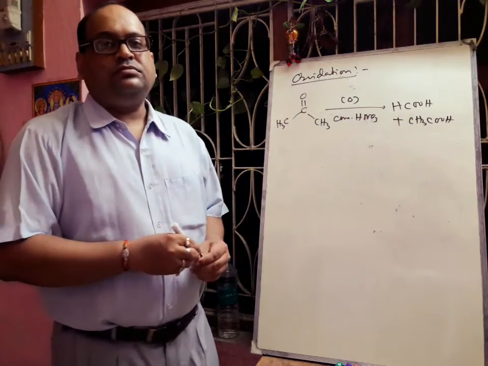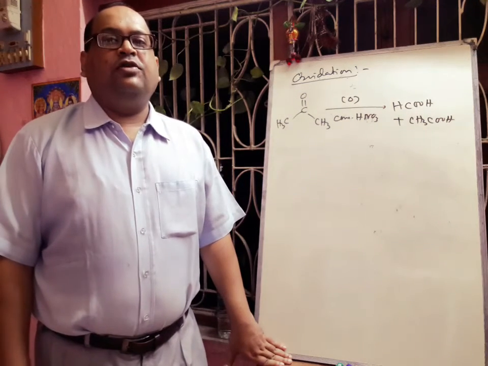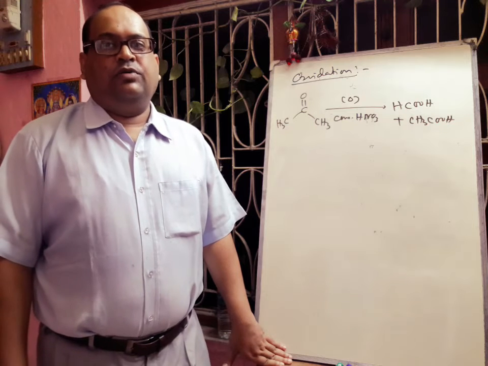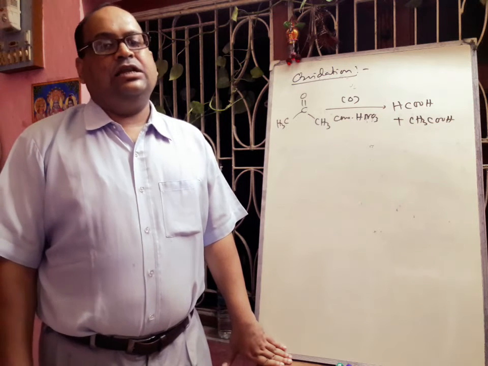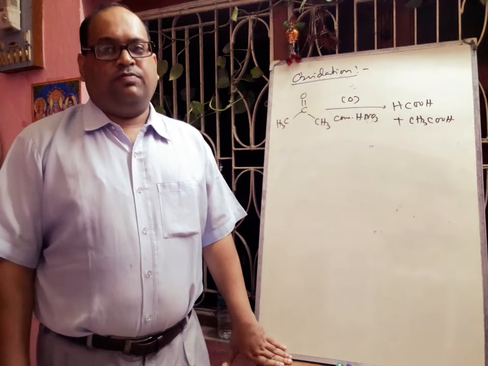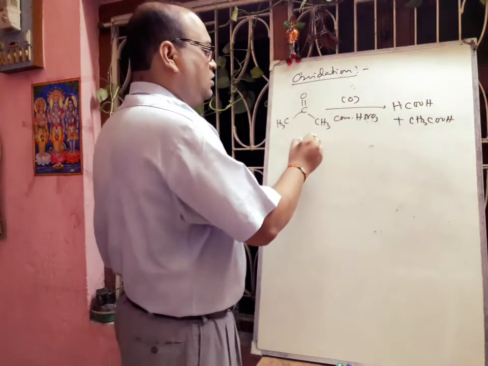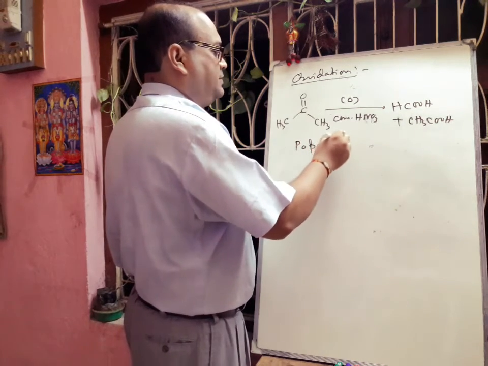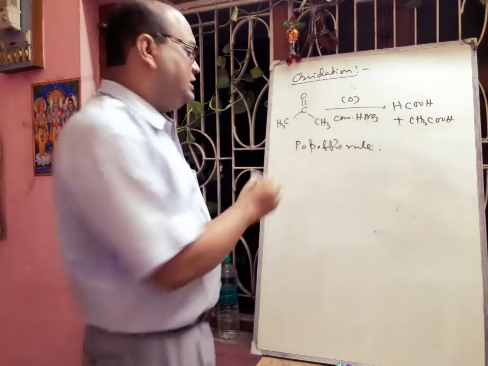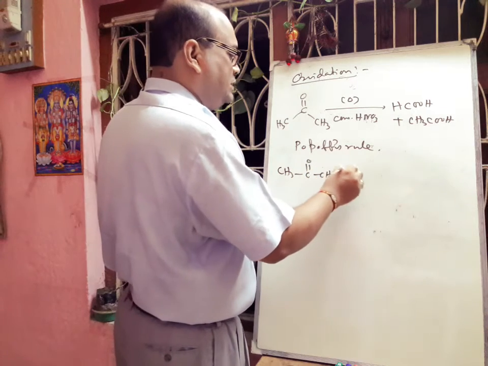Now in case of an unsymmetrical ketone, the keto group remains preferentially with the smaller alkyl group, and this rule is called Popoff's rule. Popoff's rule.